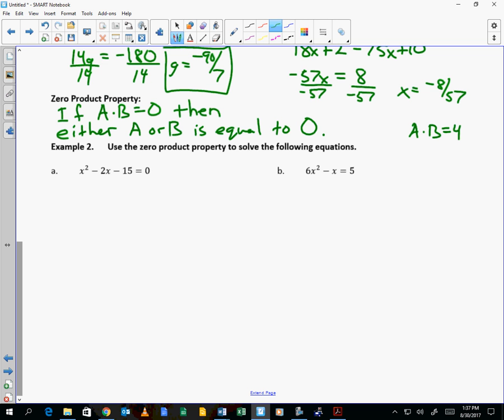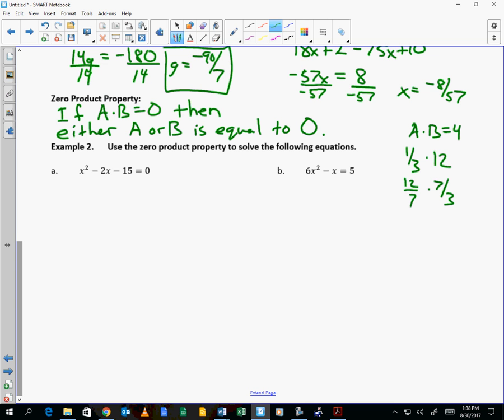I mean, it's rather ridiculous, isn't it? I mean, for example, let's suppose that A was 1/3, okay? Then B would be 12, wouldn't it? Or suppose that B was 7/3. Then, A would be what? 12/7?